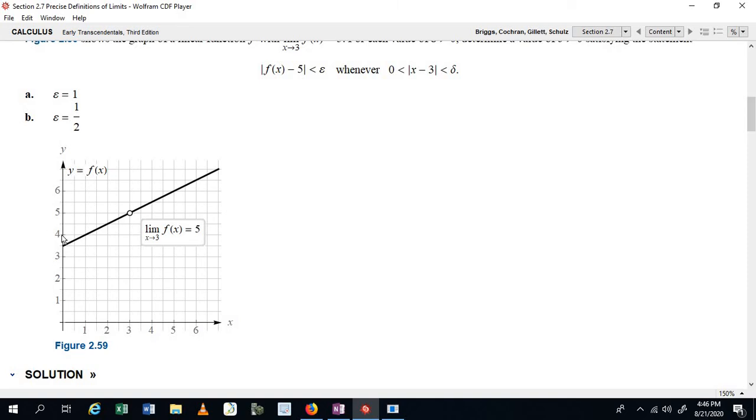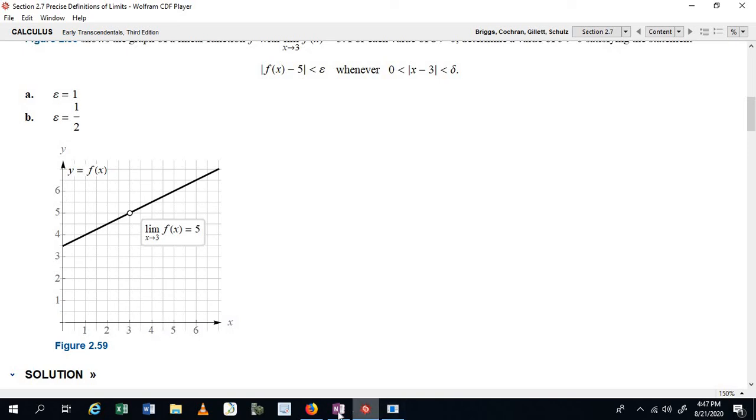Okay, so if f of x is going to be between 4 and 6, that would mean at 4, x would be 1, right? When x is 1, that's when we get a y value of 4. And if the y value were 6, that would mean x is 5. So isn't f of x trapped between 4 and 6 whenever x is trapped between 1 and 5, right?